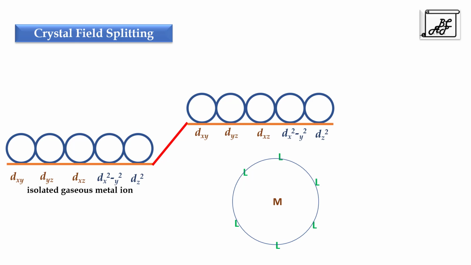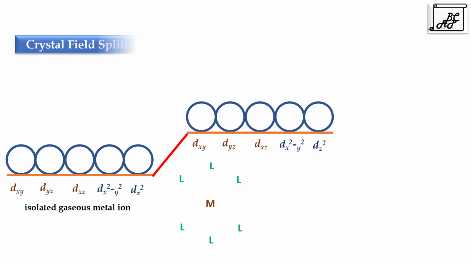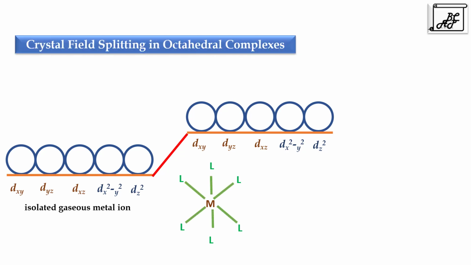In general, the metal atom is surrounded by either 6 ligands or 4 ligands. If it is surrounded by 6 ligands, in which there are 4 ligands along the square, 1 ligand up and 1 ligand down, it is called octahedral ligand field. Now in this situation, the ligands are along the axis. Hence the orbitals which are along the axis face more repulsion.